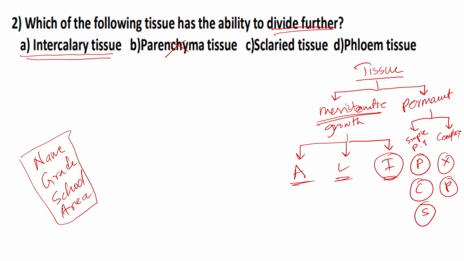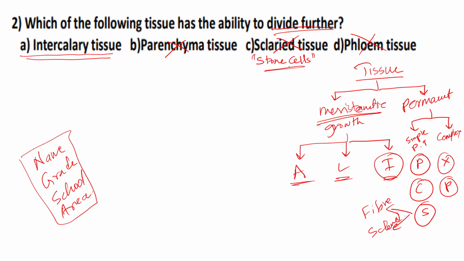So parenchyma tissue is falling under permanent. Scleroid falls under what tissue? Sclerenchyma we have two types, fiber type and the scleroid type. Phloem tissue is complex permanent. So scleroid is also sclerenchyma. Another nickname for scleroid tissue is stone cells. The tissues which contain stone cells.